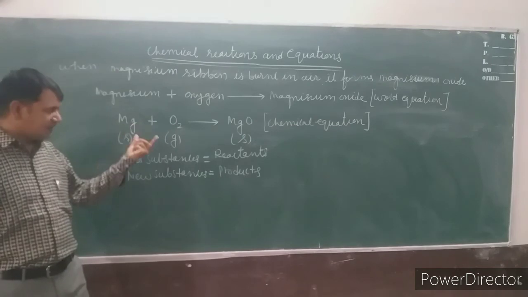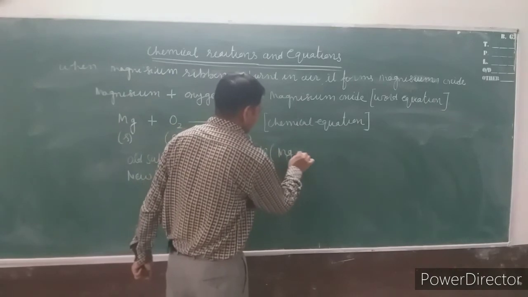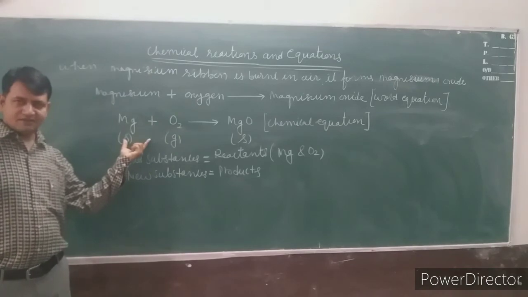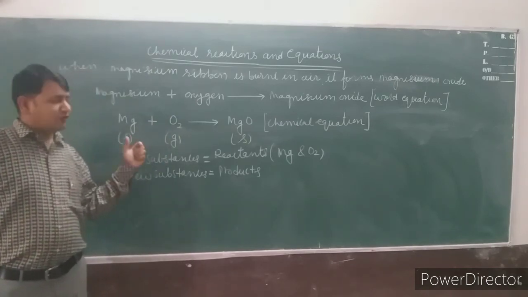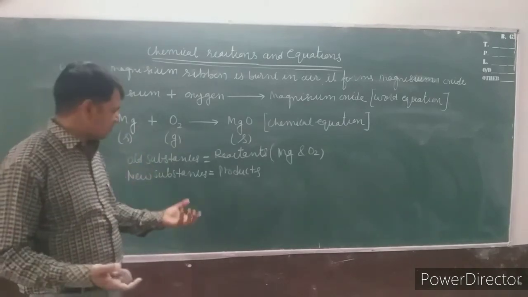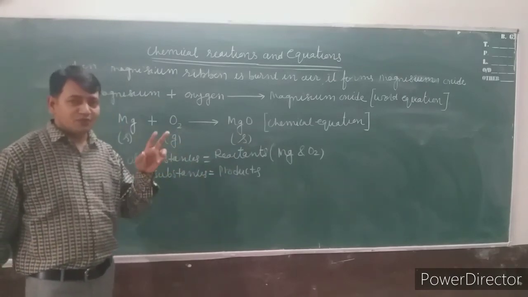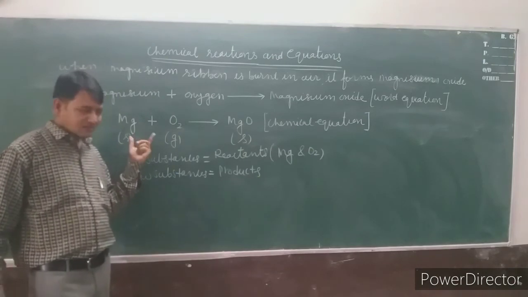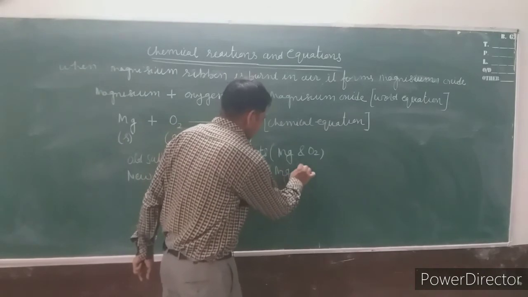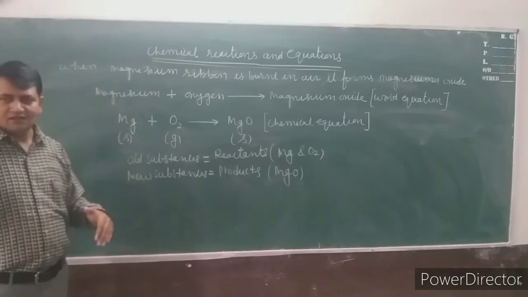As per this example, the old substances are magnesium and oxygen. They are at the left hand side because they react and form the new substance. Those substances which react and form a new substance are known as reactants. Those substances which are formed from the old substances are known as products. There is only one product, magnesium oxide.